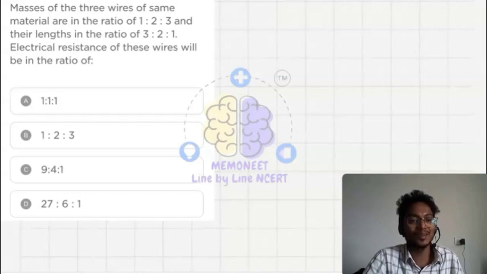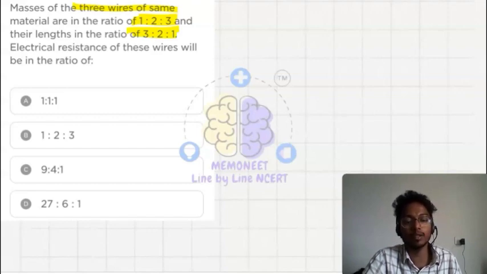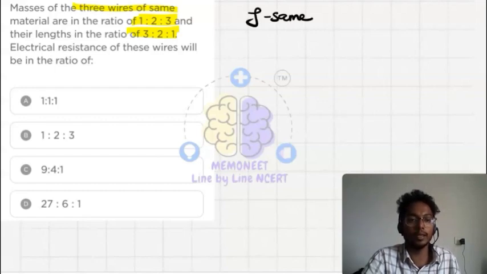Masses of 3 wires of the same material are in the ratio of 1:2:3 and the lengths are in the ratio of 3:2:1. The electrical resistance of these wires will be in the ratio of? Okay, so we have 3 wires of the same material, that is, the rho will be the same.